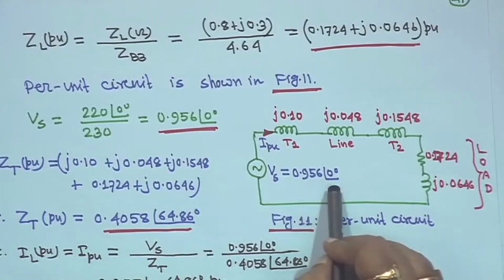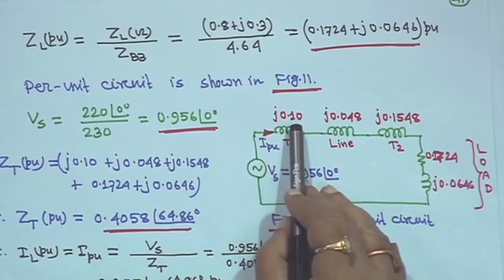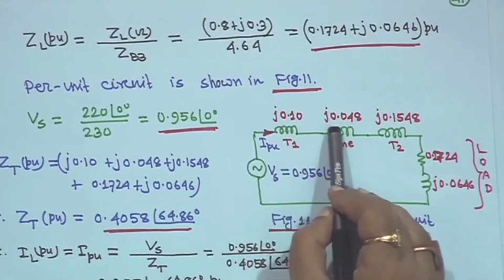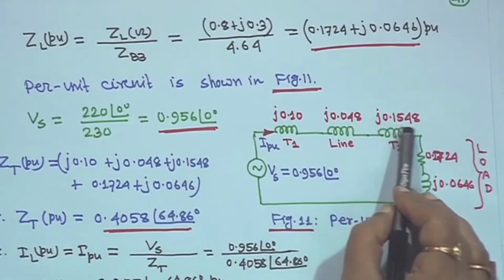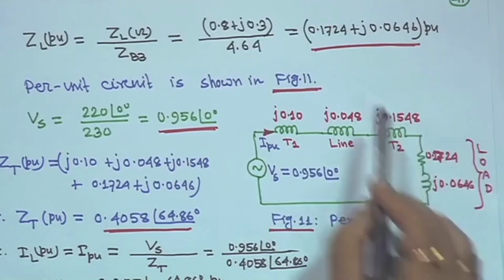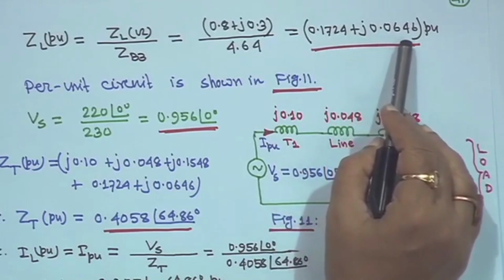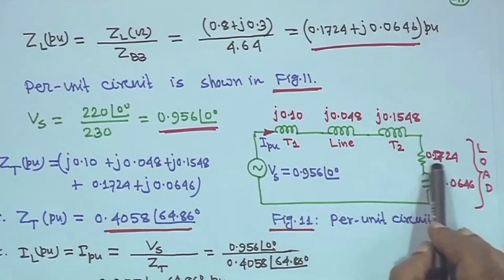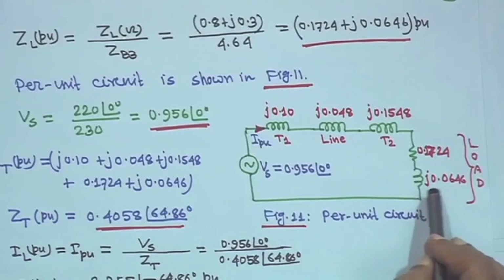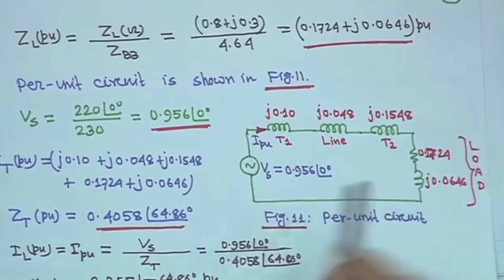For transformer T1 it is j0.10 as it is, for the line it is j0.048 per unit, for transformer T2 j0.1548, and for the load it is 0.1724 plus j0.0646 per unit. Here 0.1724 is the resistive part because the load is inductive, and j0.0646 is the reactive part of the load. This is the per unit diagram.